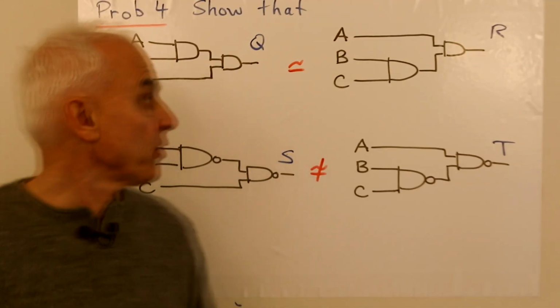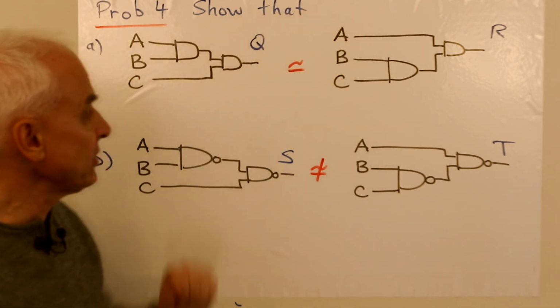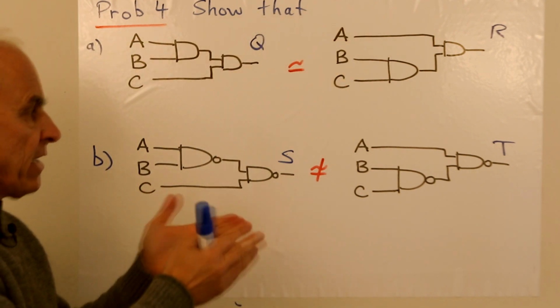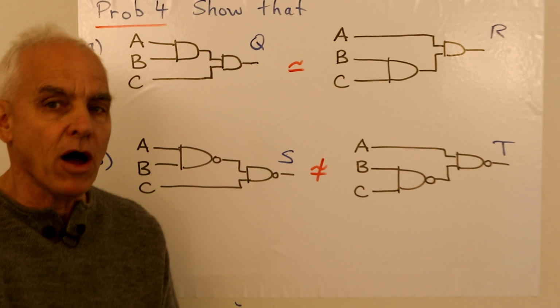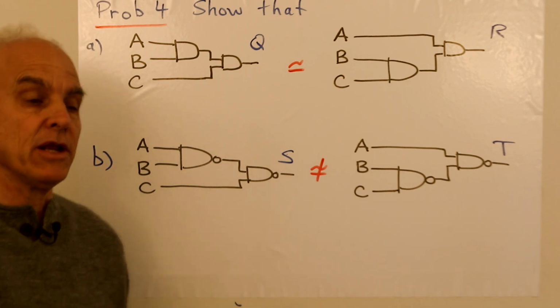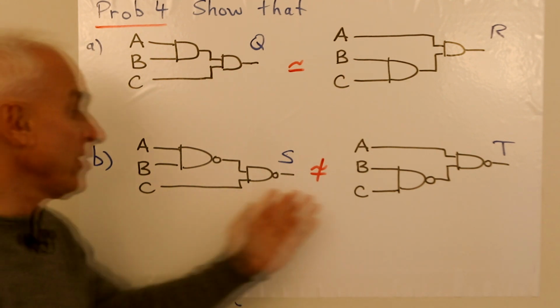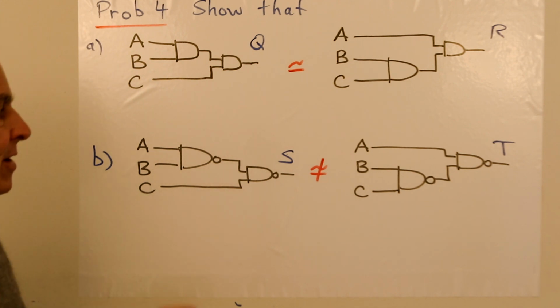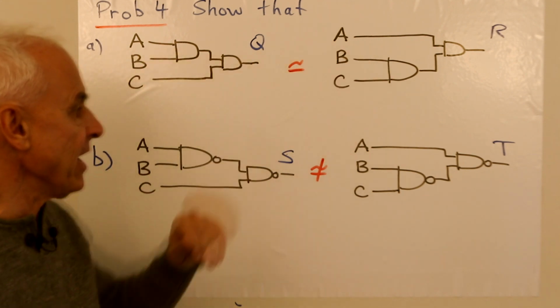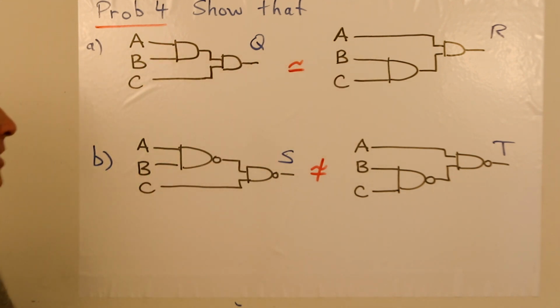All right, in this problem, we're going to look at the equivalence between these two circuits, which is just a manifestation of the associative law of multiplication in our framework. And this non-equivalence when we replace the AND gates here with NAND gates. So let's have a look here.